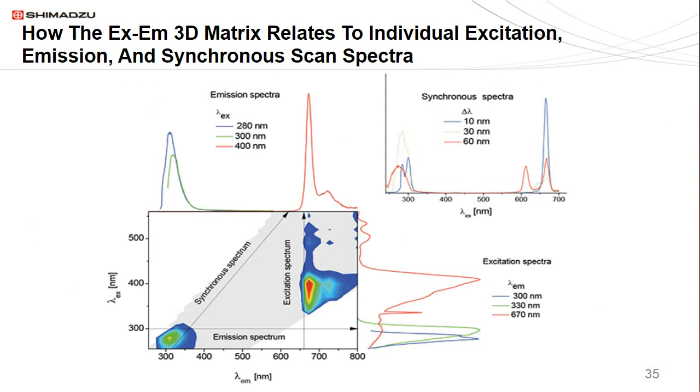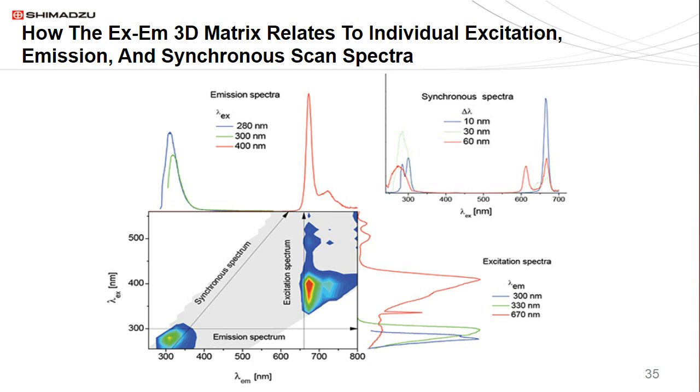So I wanted to show you one slide where we put everything together. Here is a three-dimensional matrix contour plot showing you the 3 slices for an emission, an excitation, and a synchronous spectrum. You see those spectrums at different wavelengths for the emission at the top and for the excitation along the side of the contour plot.